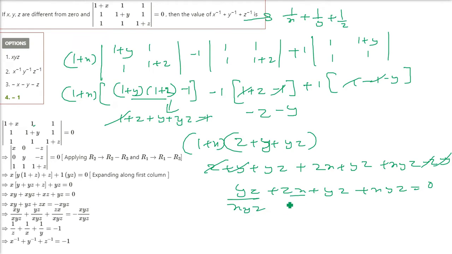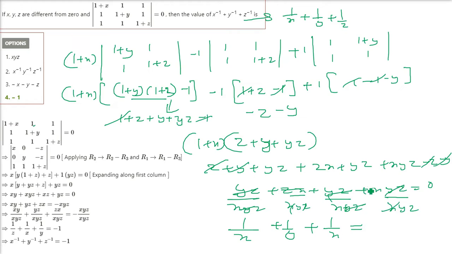Now let us divide both sides by xyz, as the right hand side is 0 already. So this will be 1 by x, this will be 1 by y, and as I said, this is not yz. Because yz, zx we have already taken, so it will be z, because we need z in the denominator.